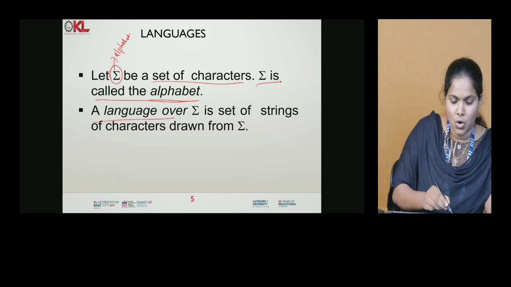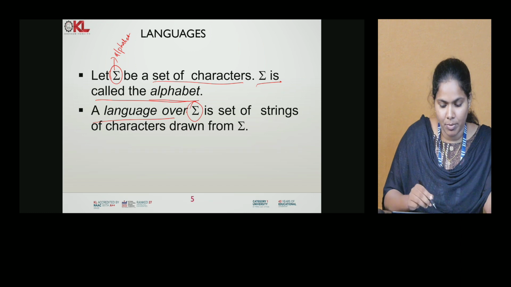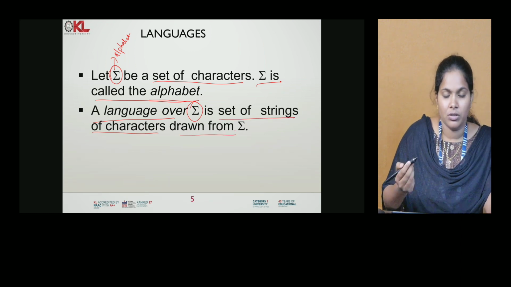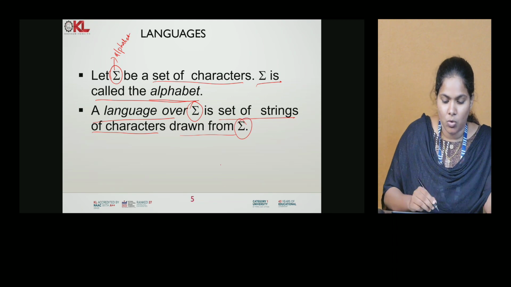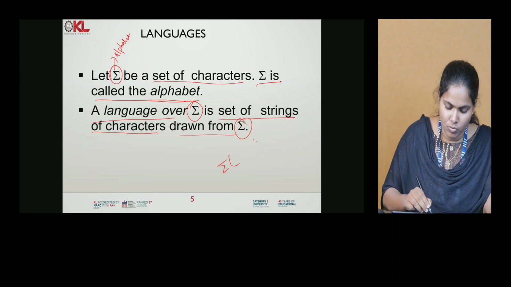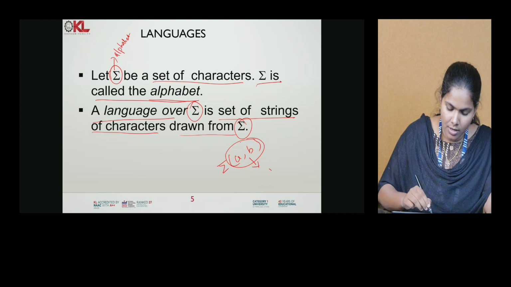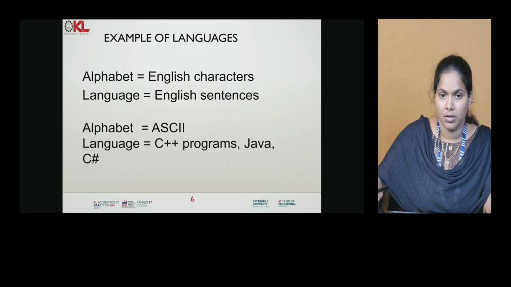A language over the alphabet is nothing but a set of strings of characters drawn from the alphabet. Suppose we have AB, then the language, whatever patterns or anything, should be covered in this only.